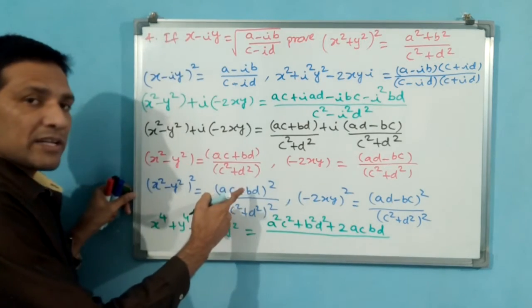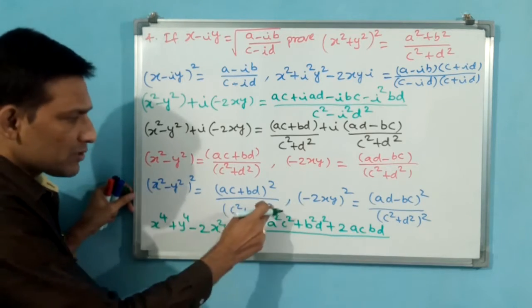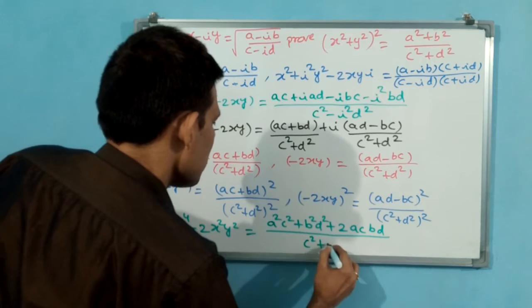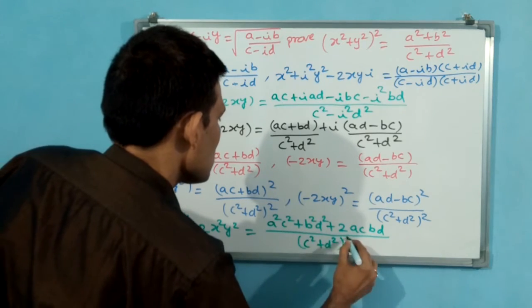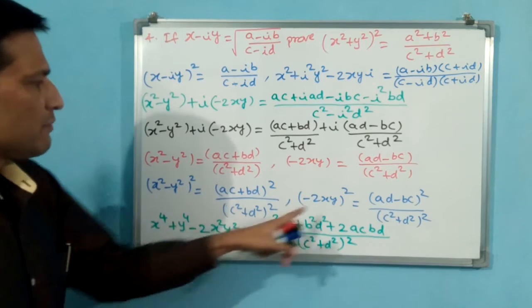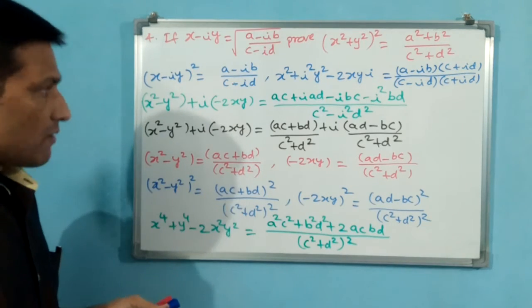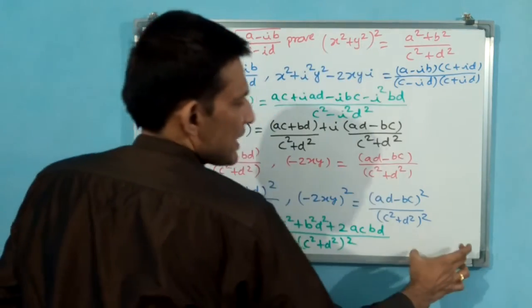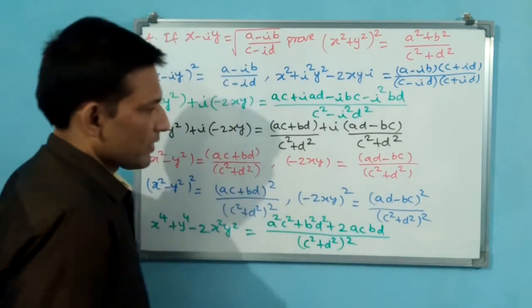See, only the numerator we expand, the denominator we don't expand. Why? Because the square is going to get cancelled afterwards. C square plus d square whole square. Okay, this is this part, the real part. The imaginary part also we have to square. What I am doing, you see, what we have to prove, this we have to prove. This I am writing here in a box. Okay.